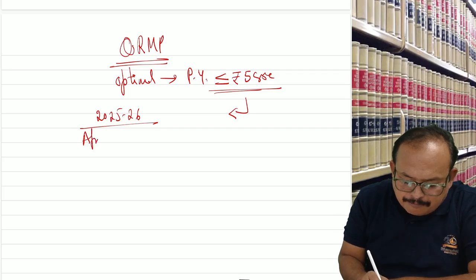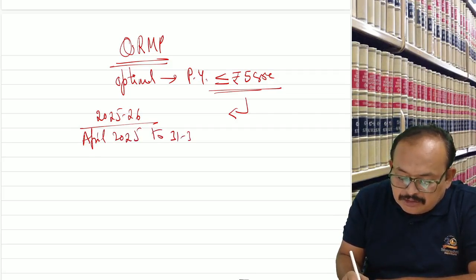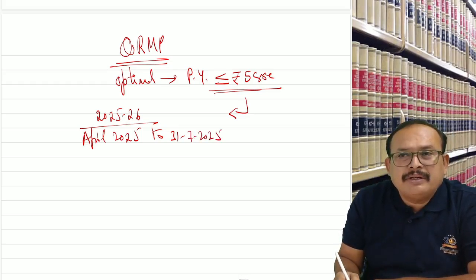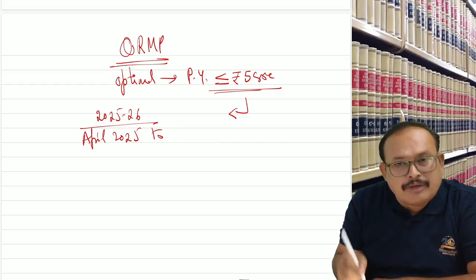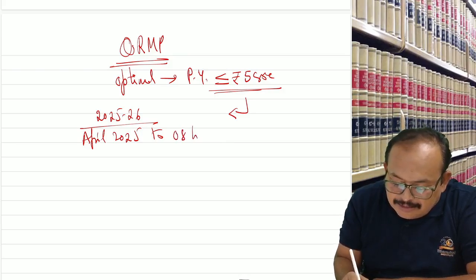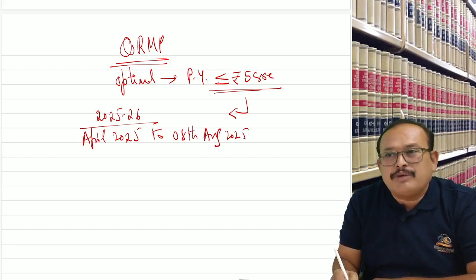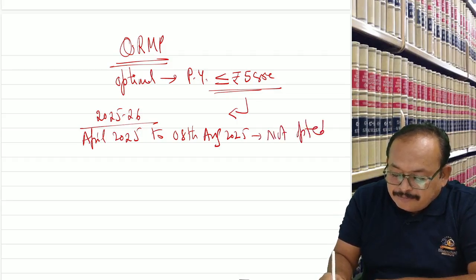From April 2025 to 31st July 2025, not opted. Even till today, which is in August, not opted in the current financial year.